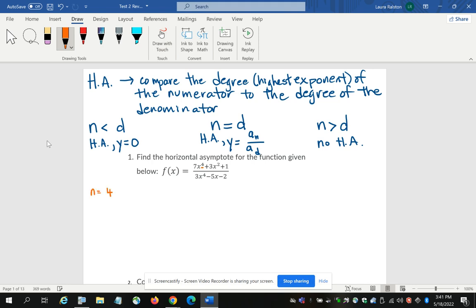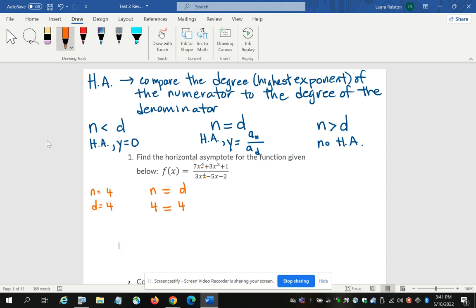Looking at the rational function in question 1, the degree of the numerator is 4. The degree of the denominator, the highest exponent, is 4. So 4 equals 4.